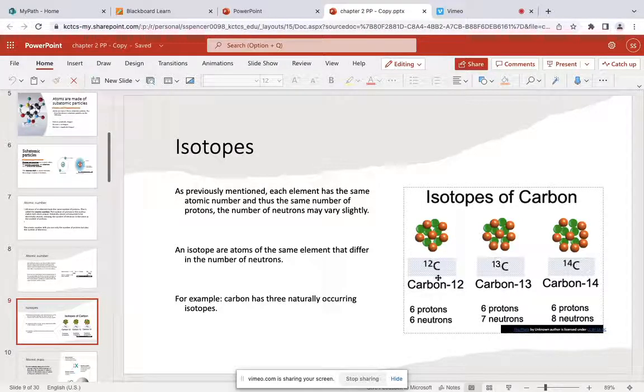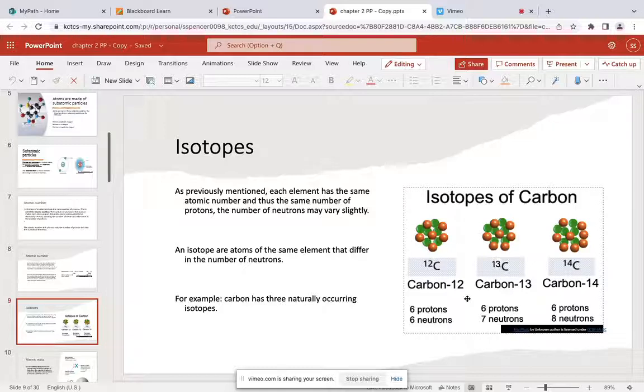Carbon 12 is the most abundant. It's what we find most abundant around us. However, carbon 13 and carbon 14 do exist. And the only difference is the amount of neutrons that are here. This is what makes it unique from the most elemental form of carbon, carbon 12.